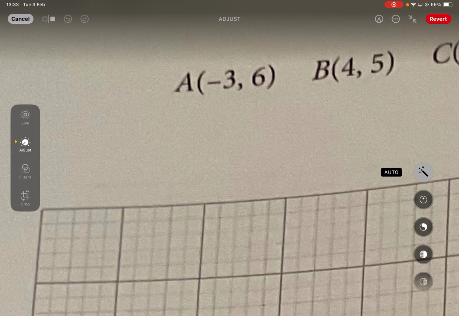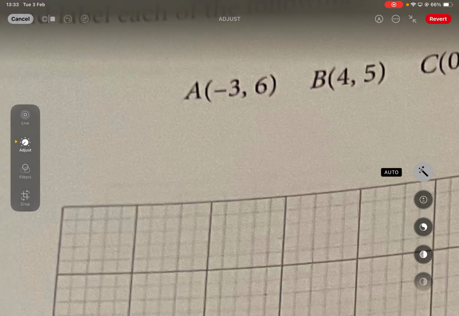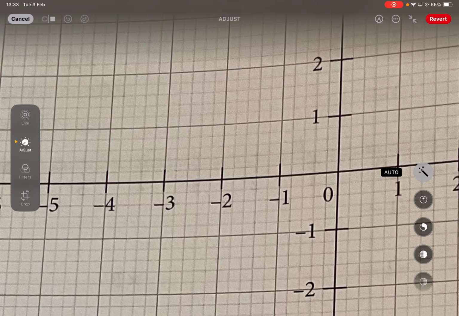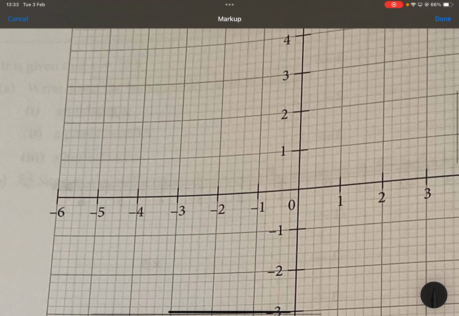So I want point A. Where is point A? I must go to the coordinate. The first number tells me the left and the right. The second number tells me the high and the low. So the left and right is -3, so I must go to -3. Then I will know that it must be somewhere along -3.